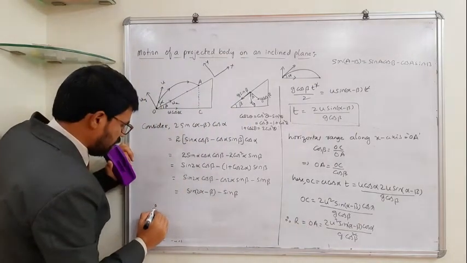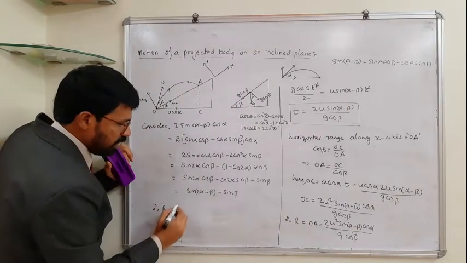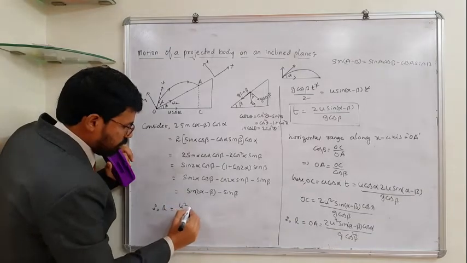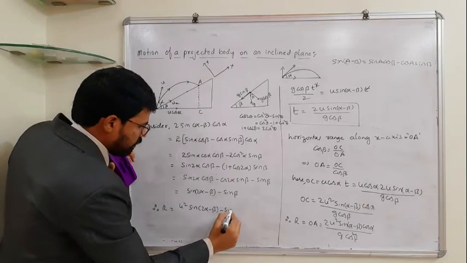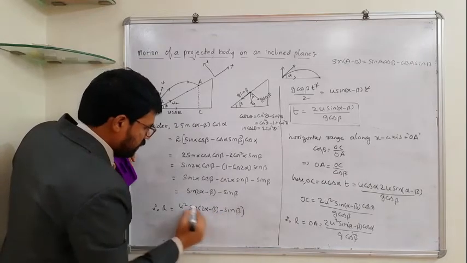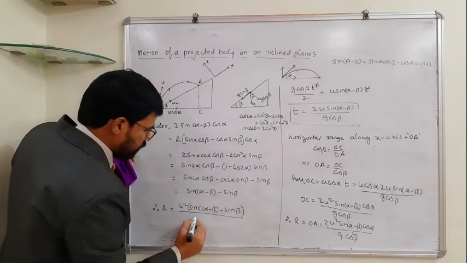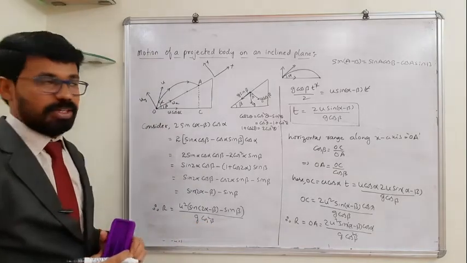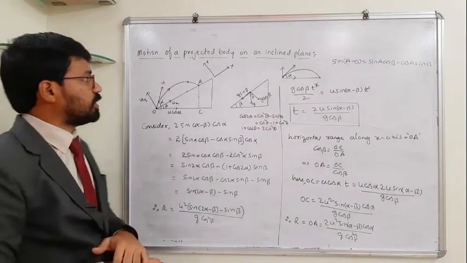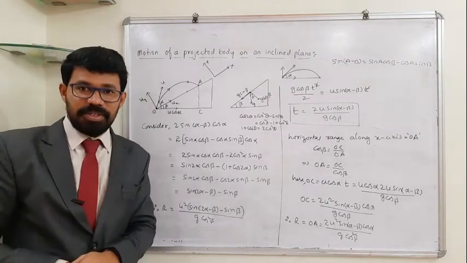So what you will get, therefore, the range along the inclined plane can be written as u square sin 2 alpha minus beta minus sin beta, whole divided by g cos square beta. So this is also another expression. So that's how details connected with the motion of a projected body on an inclined plane can be dealt with.